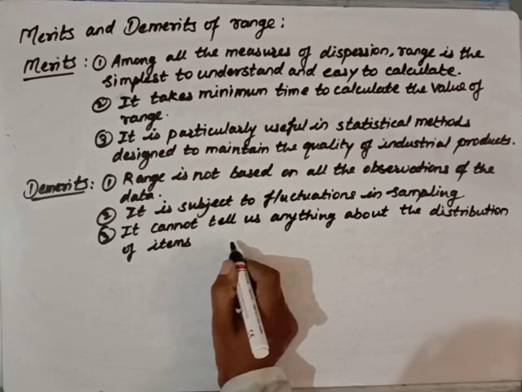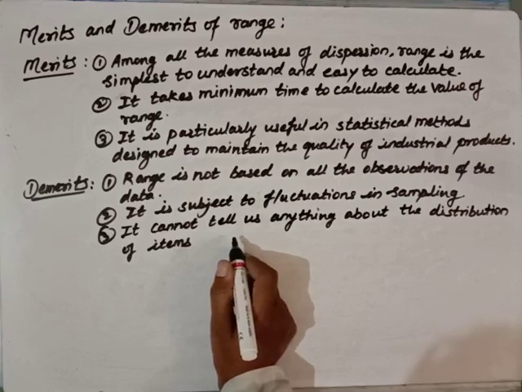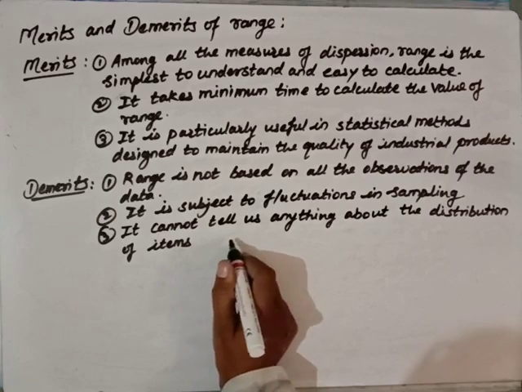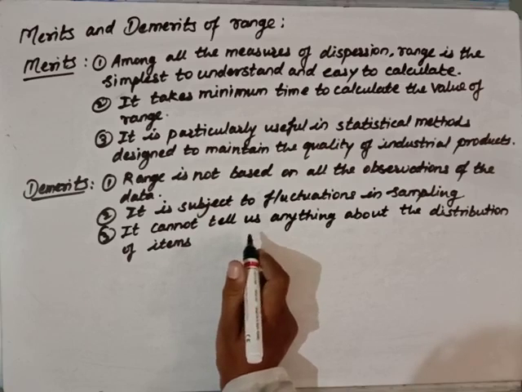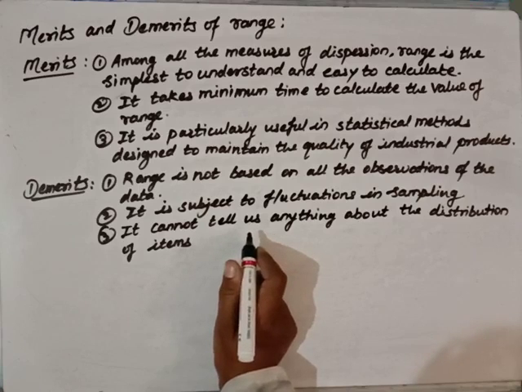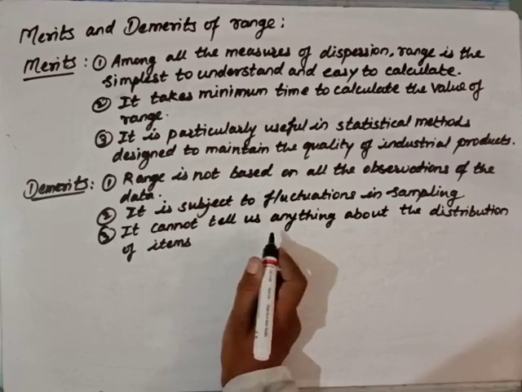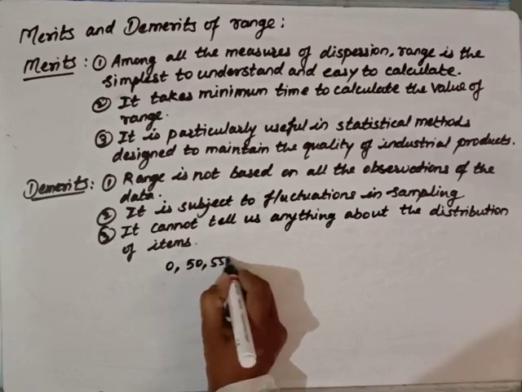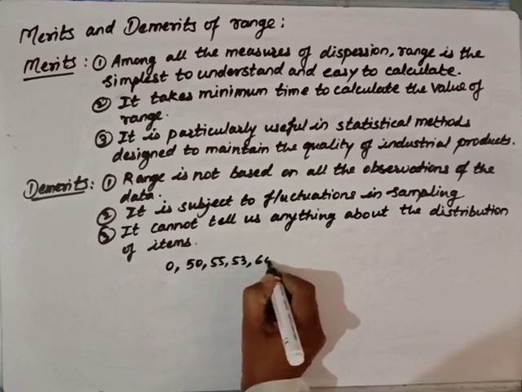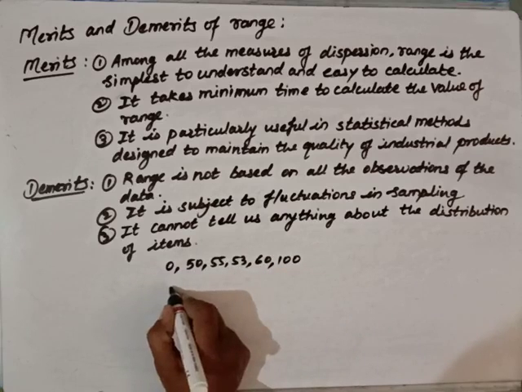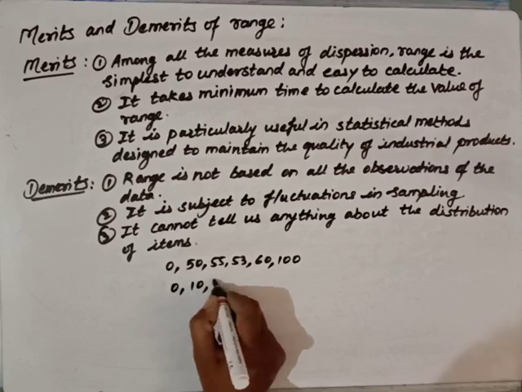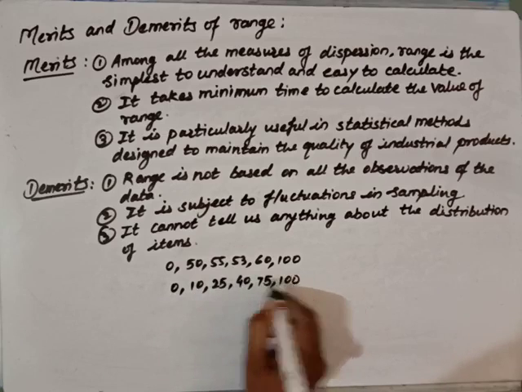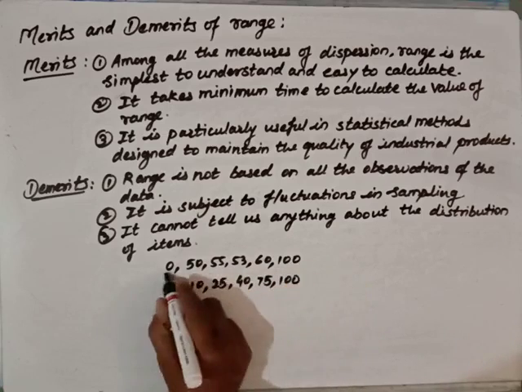For example, range of 0, 50, 55, 53, 60 and 100 is same as the range of 0, 10, 25, 40, 75 and 100. However, the variation patterns are different. Here if we calculate the range it will be 100 minus 0, so 100.